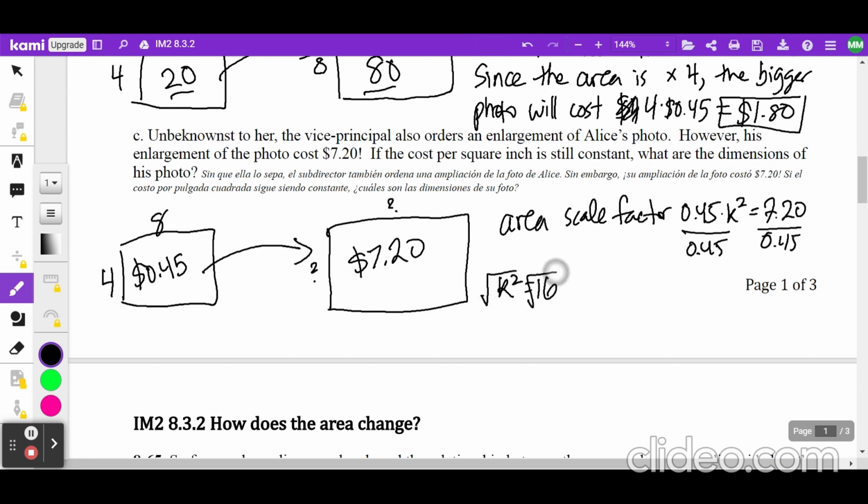I take the square root of both sides and I get that k is 4. So if the area scale factor is 16, this is the linear scale factor, because 4 squared is 16. Anyway, the linear scale factor is the square root of the area scale factor.